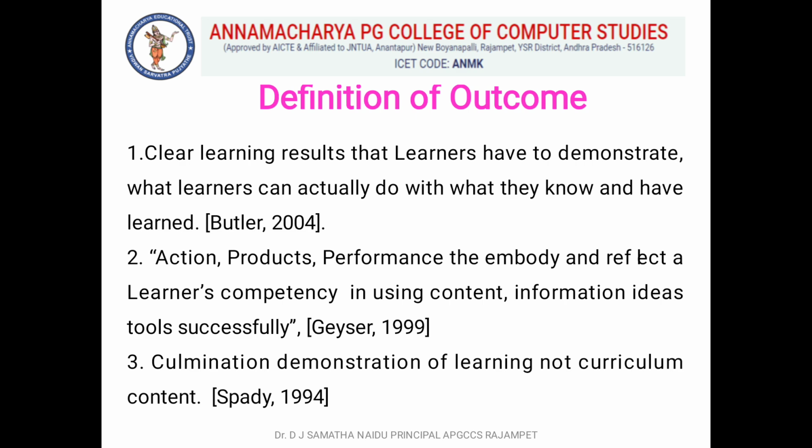That means whatever we learn in a particular course, that knowledge should be applicable in different areas. The learners have to demonstrate what they can actually do with what they know and have learned.